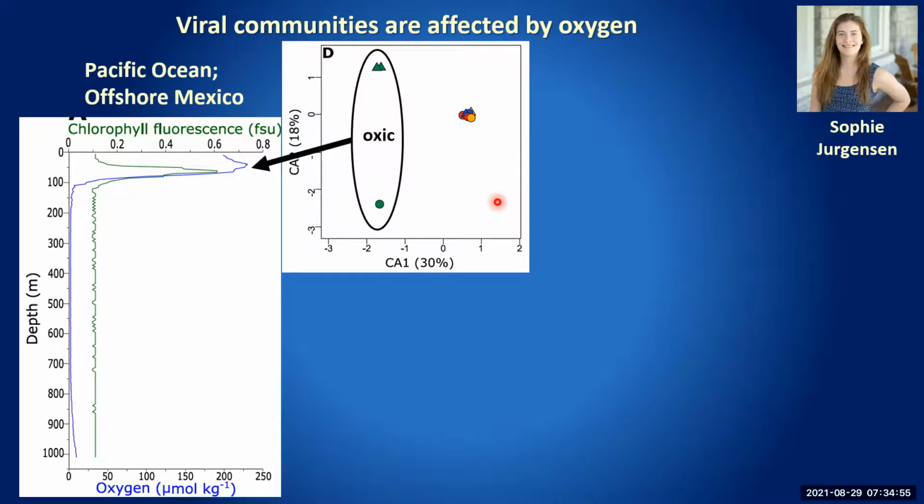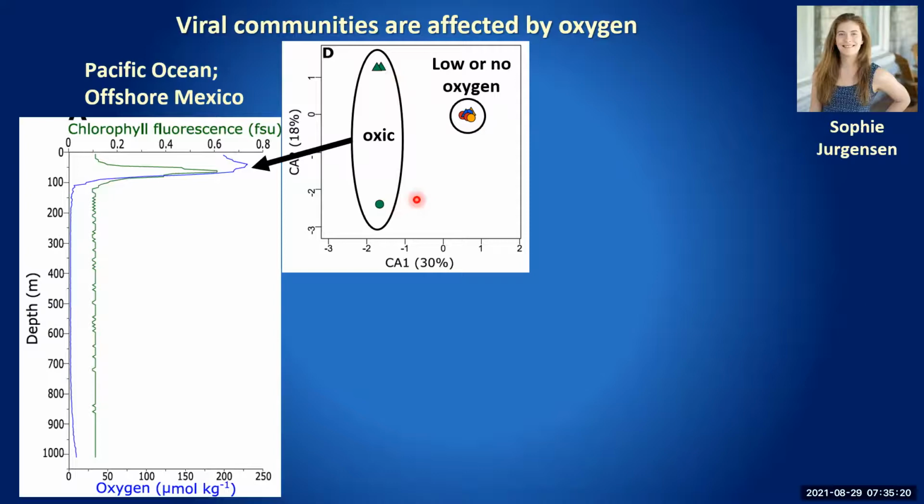Here we have oxic samples. Those are the viral communities in the oxic regions from 2 different stations, clearly different amongst those stations. But then we compare those to the viral communities where there is low or no oxygen, throughout the rest of the water column, and we see that they are highly similar to each other compared to the upper ocean viruses.